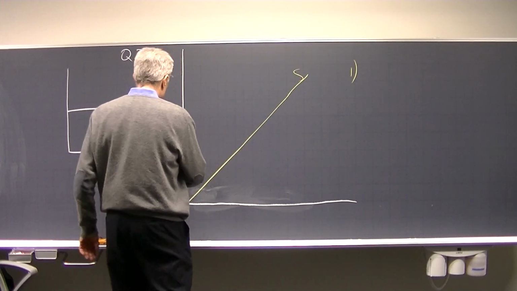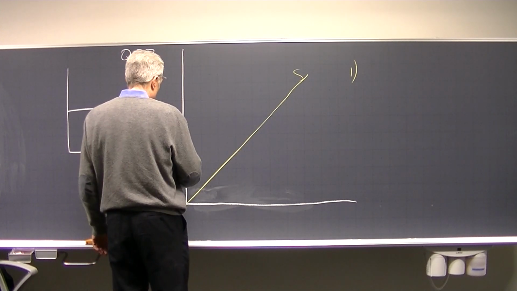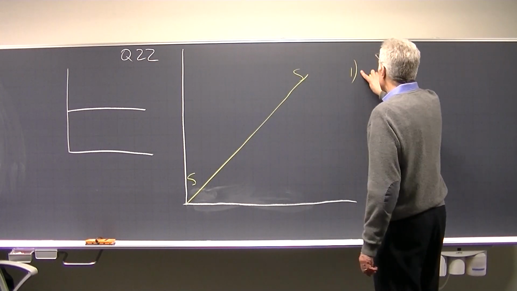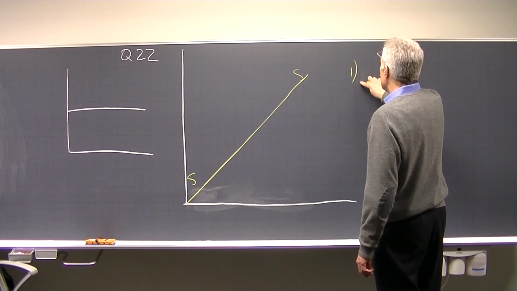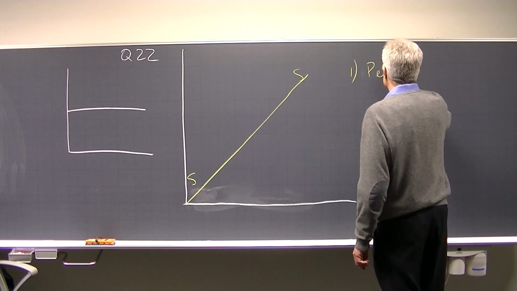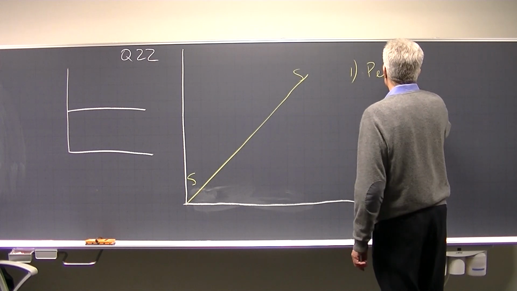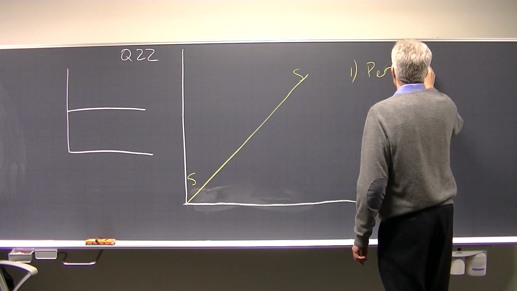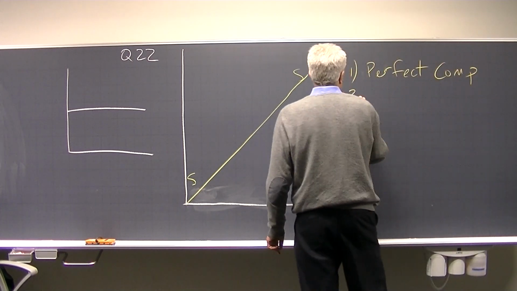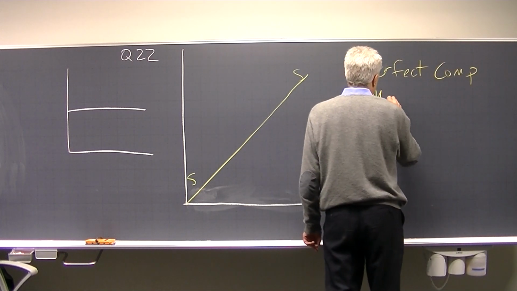Let's call it labor. So it's a labor supply curve, and let's call the horizontal axis the amount of labor. So consider the firms that are buying in the labor market: perfect competition, and market power.